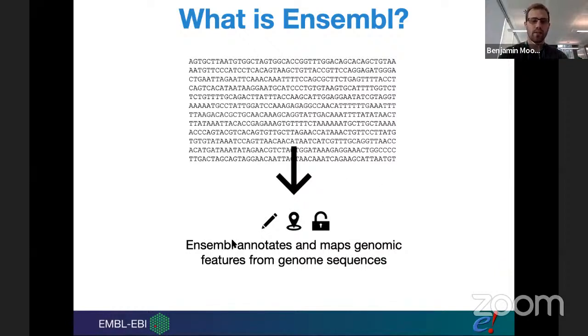So as you can see here, this is just a diagram, a cartoon, to try and explain to you how it works. We take these publicly available genome sequences from the archives where people have deposited them, and then we annotate them by mapping genomic features using a range of evidence and underlying data.